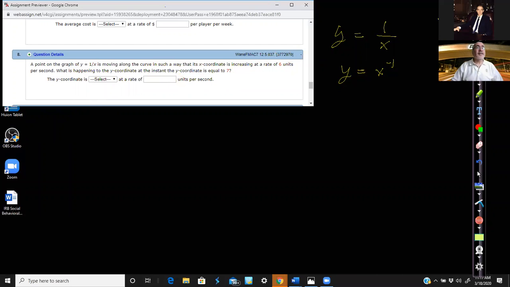So what that tells us is, remember, everything we're taking in terms of time. So the derivative of x with respect to time is equal to 6 units per second. What is happening to the y-coordinate at the instant the y-coordinate is equal to 7? So what the question's really saying is, what is dy/dt?